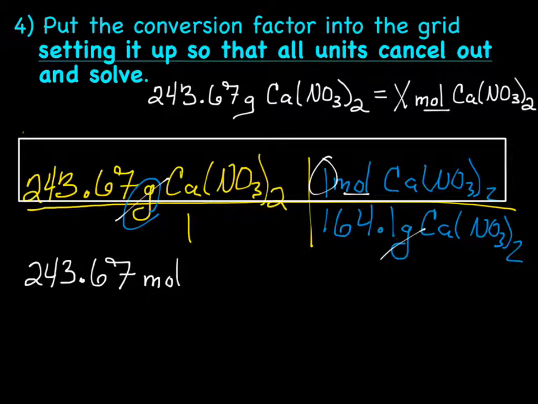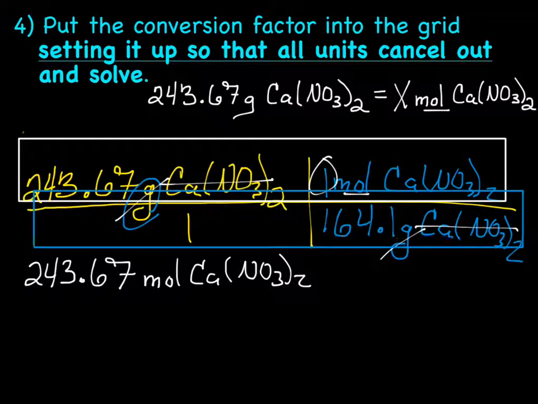And I forgot to cross out, those cross out as well as the grams, leaving us with Ca(NO3)2. And when we multiply across the bottom, we end up with 164.1, because the grams and calcium nitrate have already been crossed out.